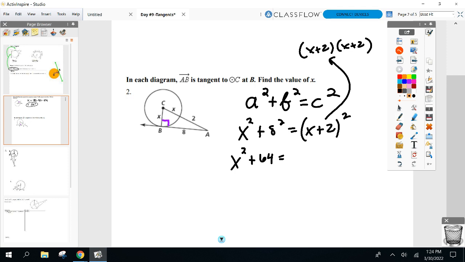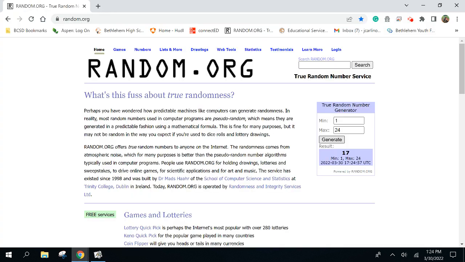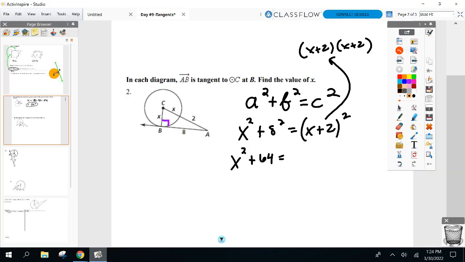Combine your like terms. All right, you guys multiplied all those through for me. 17 when you're ready. What do we get here?